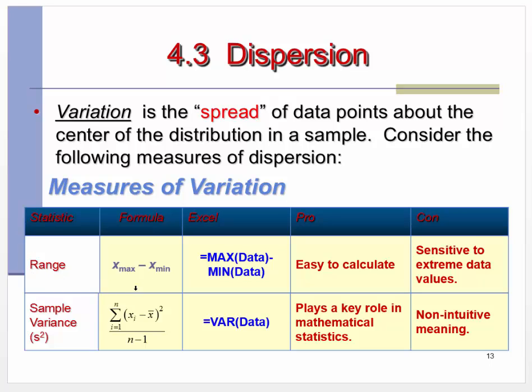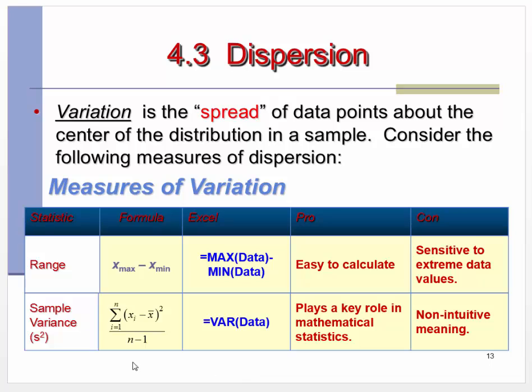The range is simply the largest value minus its lowest value, X maximum minus X minimum. In Excel, you can use the max of the data range minus the min of the data range. The pro of this concept is that it's easy to calculate, but it's sensitive to extreme data values, as you can see.